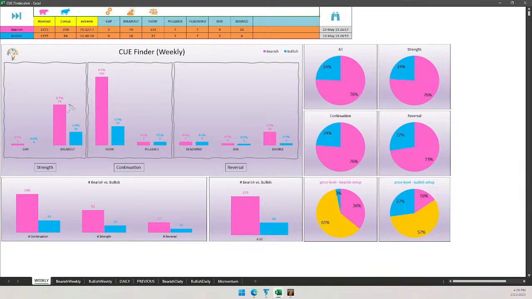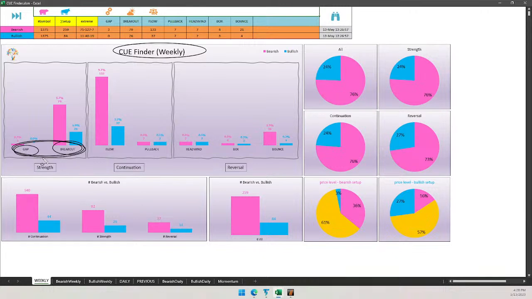Let's look at the weekly picture. QFinder weekly, and now I am plotting, I am seeing only trade setups. Some trade setups show strength: gap and breakout. These two trade setups don't necessarily indicate the direction of the stock. A breakout can happen in a downtrend, in a sideways market, as well as in an uptrend.